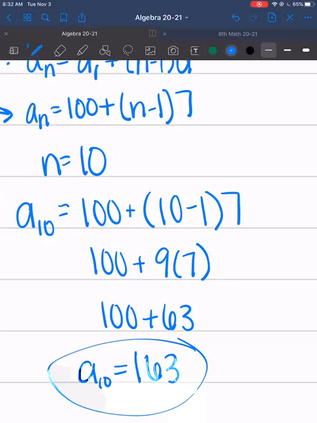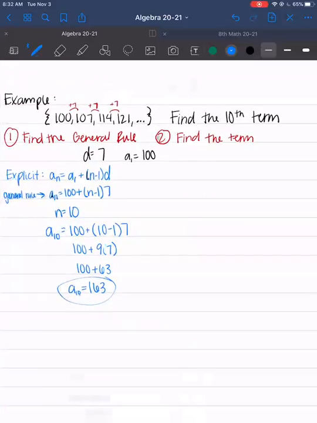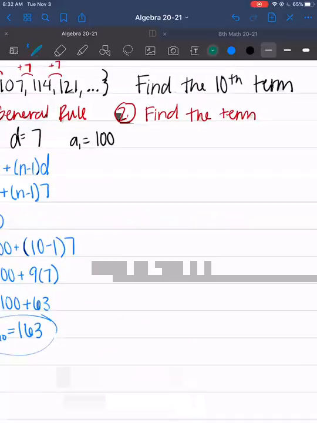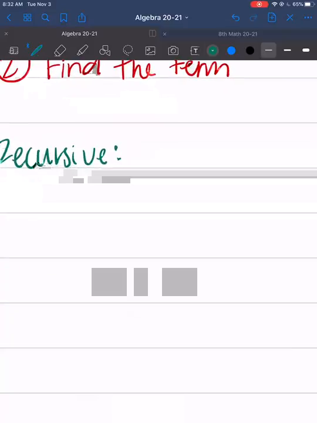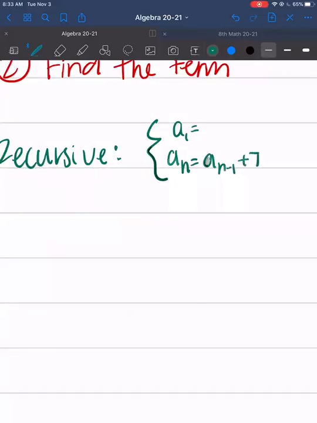Now, recursive form. Remember, that's kind of the list. I'm going to write it real small. That's our A1 equals, and then our A sub N equals A sub N minus 1 plus D. I'm putting in our general rule.